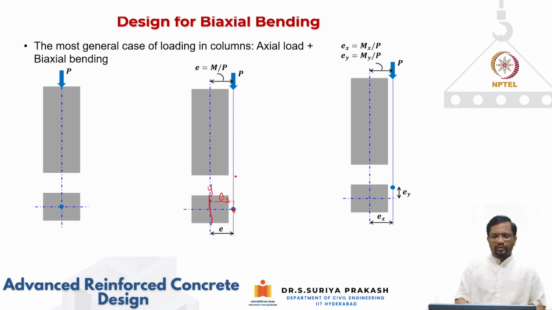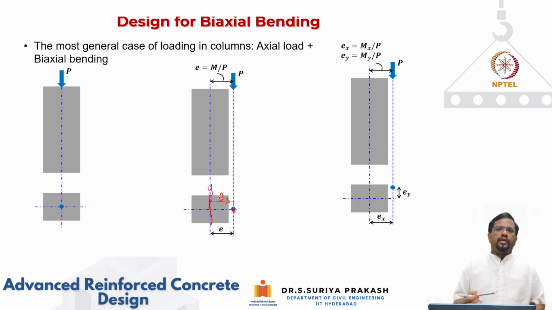The major axis of bending here is the y-axis, and you have eccentricity which is measured perpendicular to that bending axis. When we measure the eccentricity along that axis, we call it Ex. That's why we are writing that as Ex. This kind of uniaxial bending and axial compression is very common.